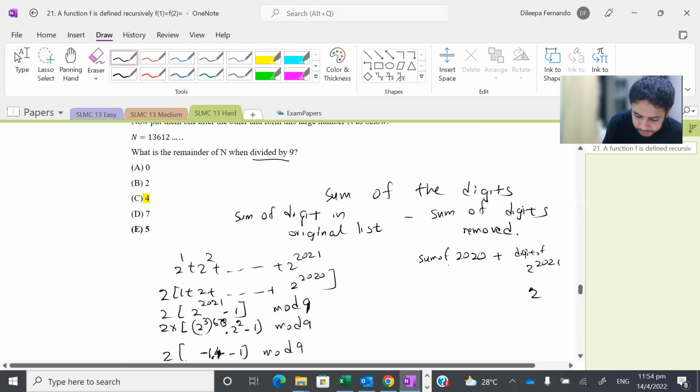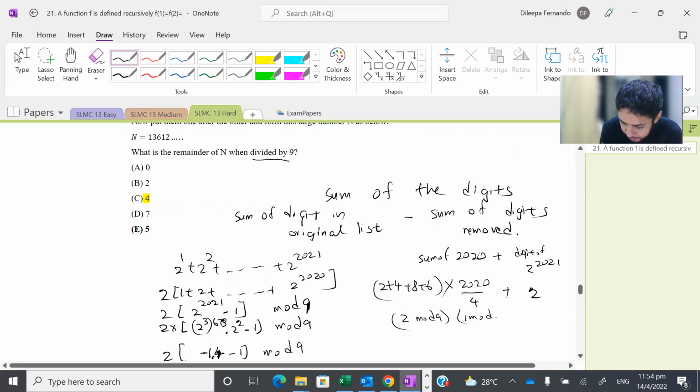So what is the sum of the first 2020? You compute the sum of the first 4, which is 2 plus 4 plus 8 plus 6, into how many sets of 4 are there? 2020 divided by 4. So here you have 20. 20 is 2 mod 9 when you consider mod 9. 505 is 1 mod 9, plus 2.